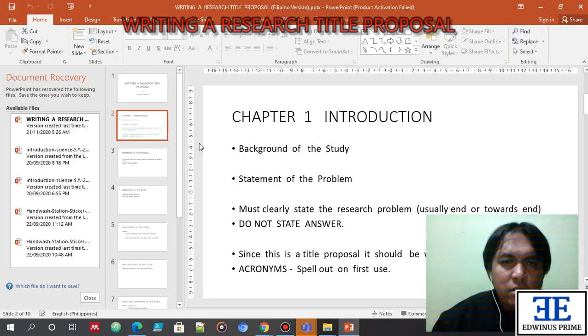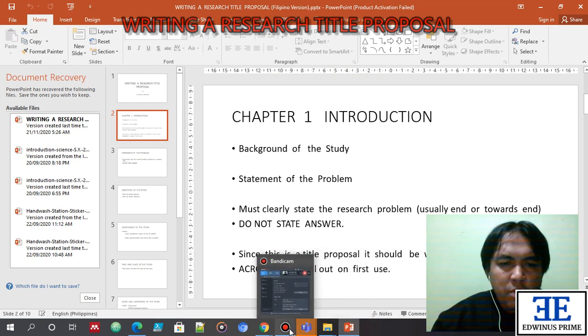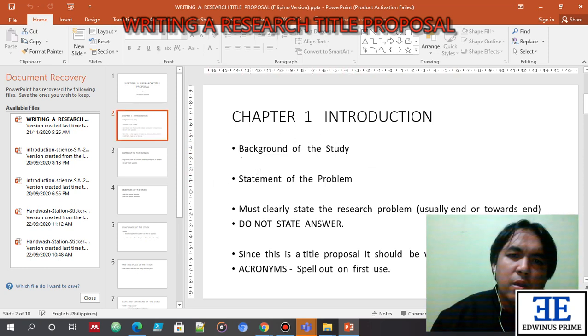We are talking about the background of the study or statement of the problem. In the format of my school, the PIP Quezon City, the introduction has them together: the background of the study and statement of the problem are combined in the introduction.